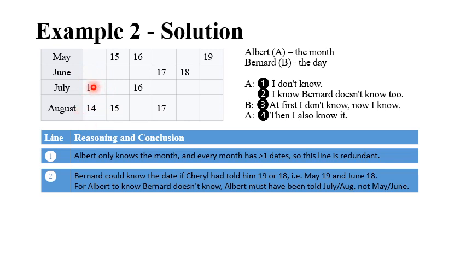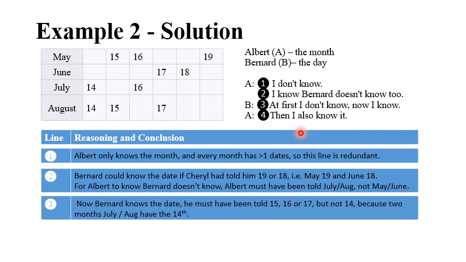If he's having a 14, then he wouldn't say, now I know, because there are still two choices, July the 14th or August the 14th. Therefore, the number that Bernard is holding on is not 14, and it must be either 15, 16, or 17. Alright, so either July the 16th, August the 15th, or August 17.